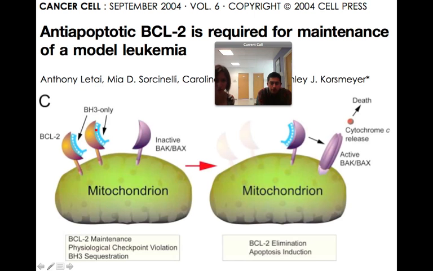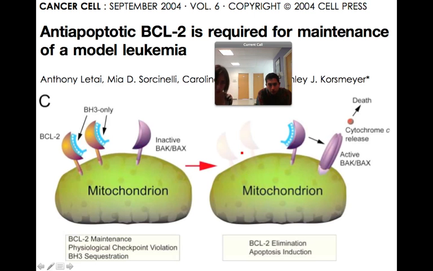But if there's a lot of BCL2 there, BCL2 has a very high affinity. It binds very well to these things, and it essentially soaks them up. They're more likely to bind to BCL2 than they are to BAX or BAK.